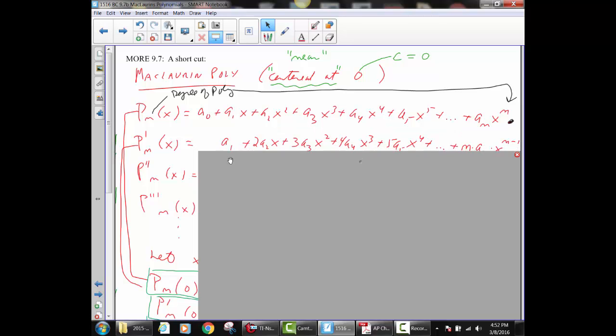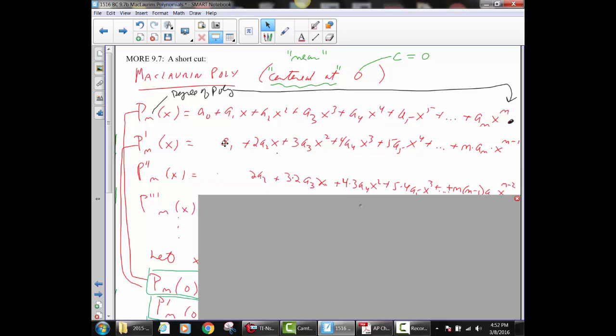If you take the derivative of this function, that becomes 0, that becomes a1, that becomes 2a2x, that becomes 3a3x squared, that becomes 4a4 x cubed. If you take the derivative again, this will become 0, this is 2a2, this will become 2 times 3 times a3 times x, this will be 3 times this quantity, which will be 12a4 x squared.